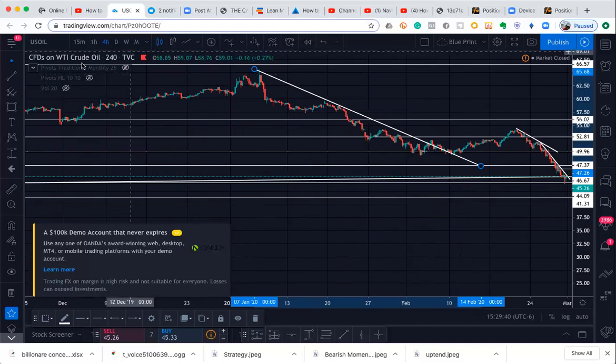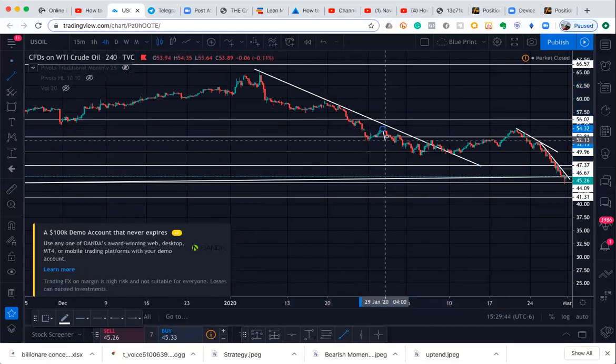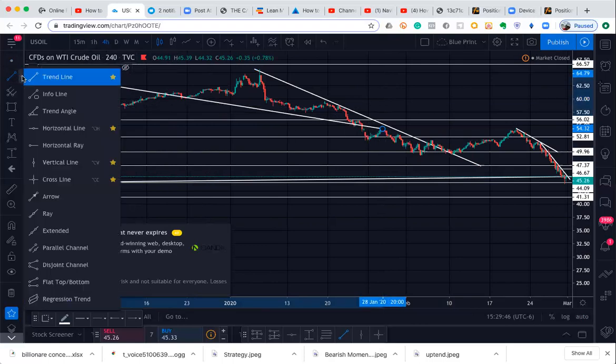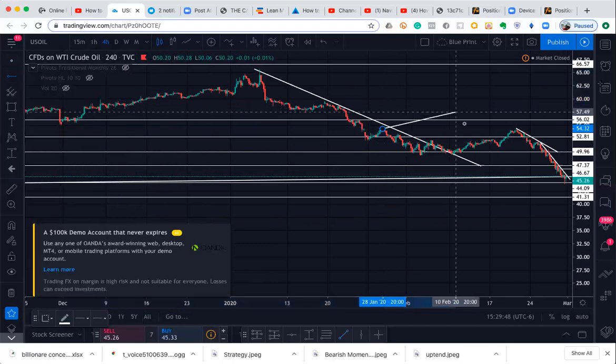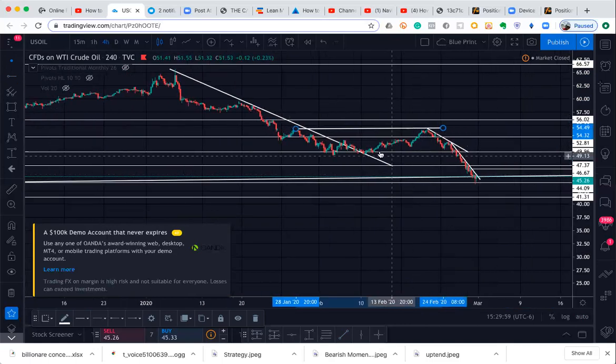Here is your resistance line, because price got to there and then it broke down. It got to here, so what is it going to do? It's going to break down. It held. So good, we got that part down.